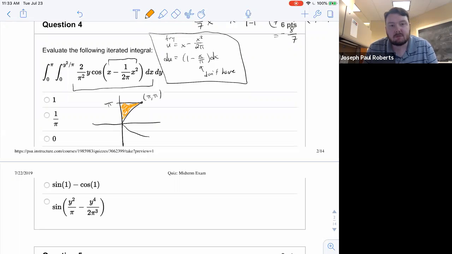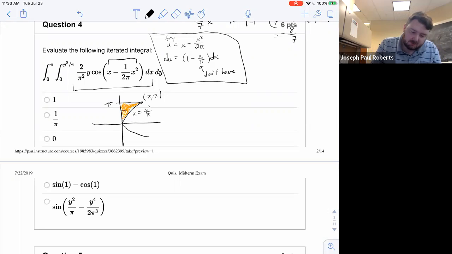And so that triangular-ish region is the region of integration. So that's parabola, y equals x squared over pi on the right side.